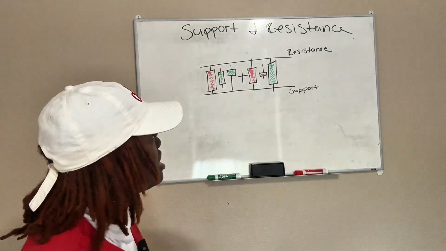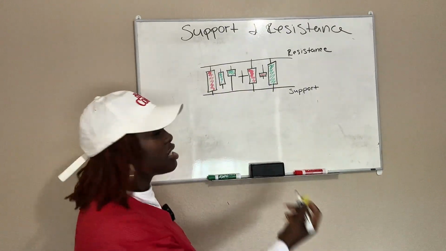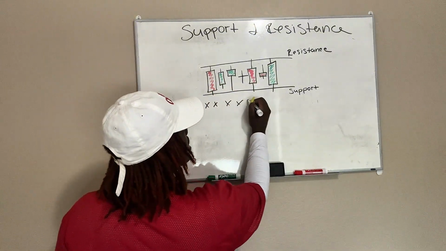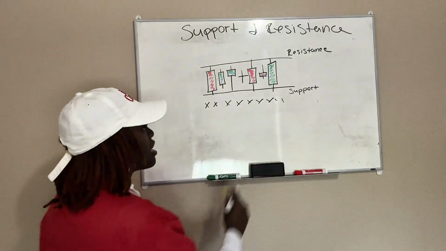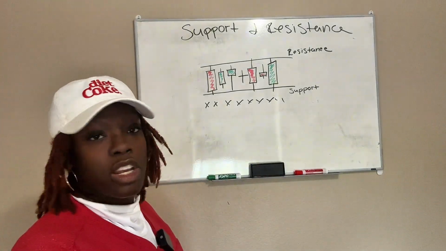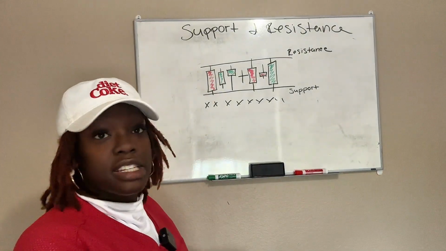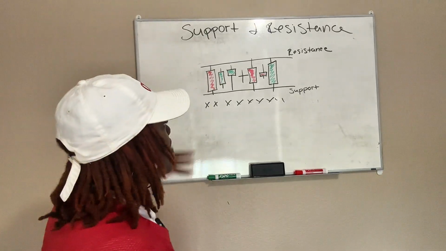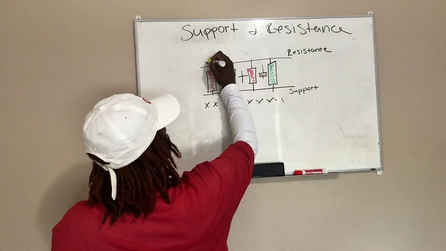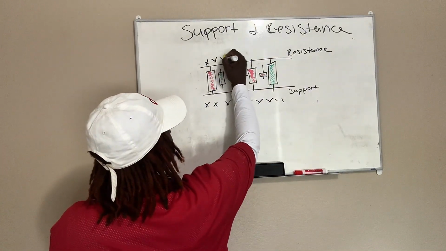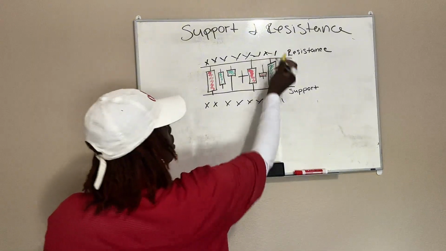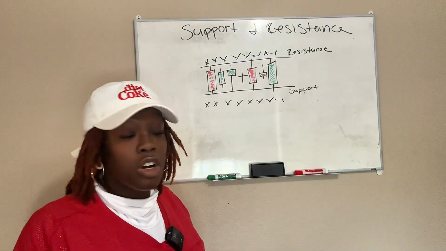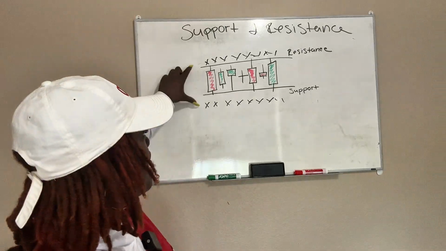Your buyers, your bulls. Imagine you just have a line of bulls here, all lined up saying, hey, nobody's coming through here. You can go ahead and go on up, but that's where we want you to go anyways. And vice versa, over here, your resistance, these are your bears. Bears saying, hey, nobody's coming up here. You can go ahead and go down. That's what's going on.